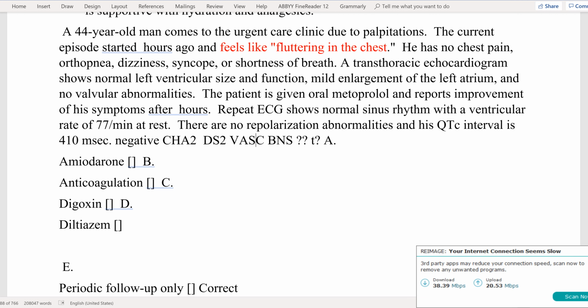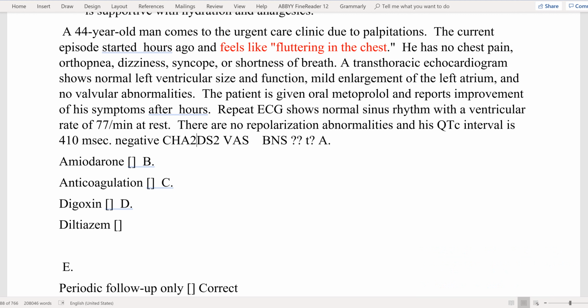Sex category, you give 1. Okay. CHA2DS2-VASc, let me remember. So you ask yourself these questions.